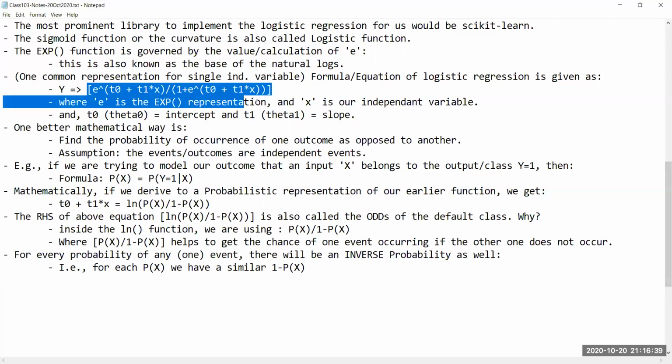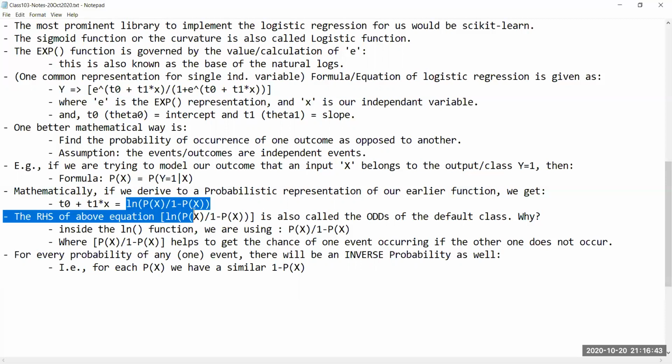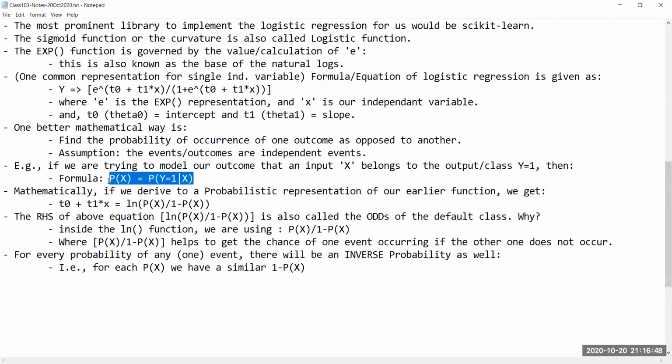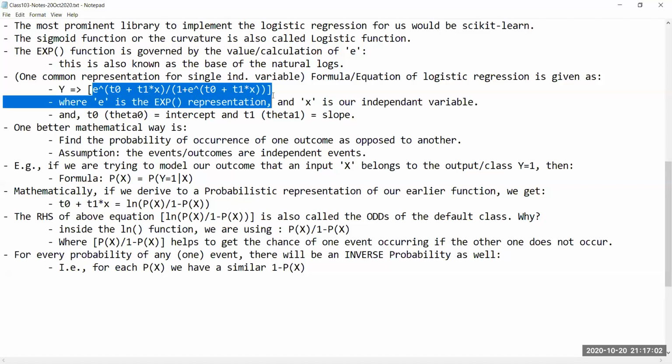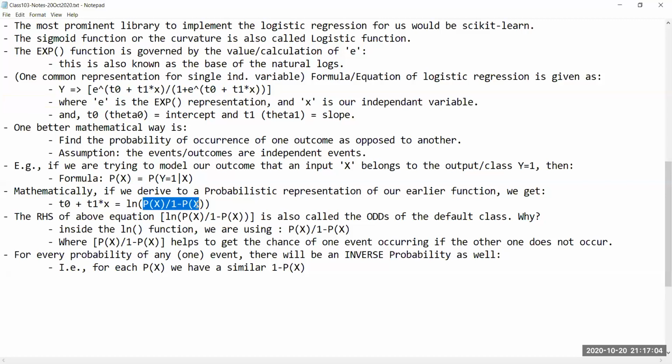So if I derive this by taking a natural log on both sides, keeping in mind I have a simple probability representation of x and y in this format, because my input x belongs to the output class y equal to 1, which is represented as this. Now, if I take a natural logarithm on both sides, then y becomes this, and my right hand side is this.